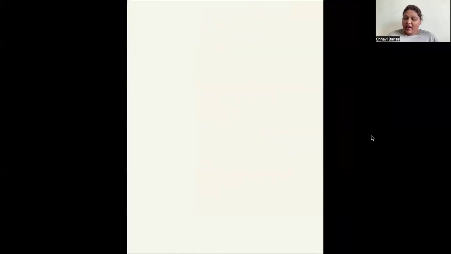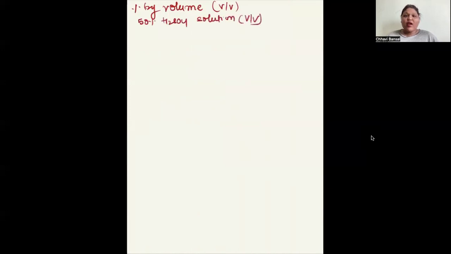The last that we have is percentage by volume, which means V by V. Again, if I'm taking, okay, let's not take the glucose solution. Let's talk about, for example, 50% H2SO4 solution. Okay. This is given V by V. Okay. What does this mean?